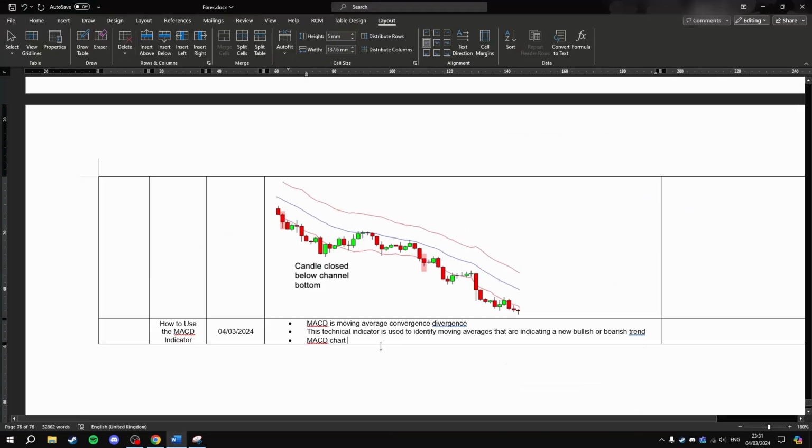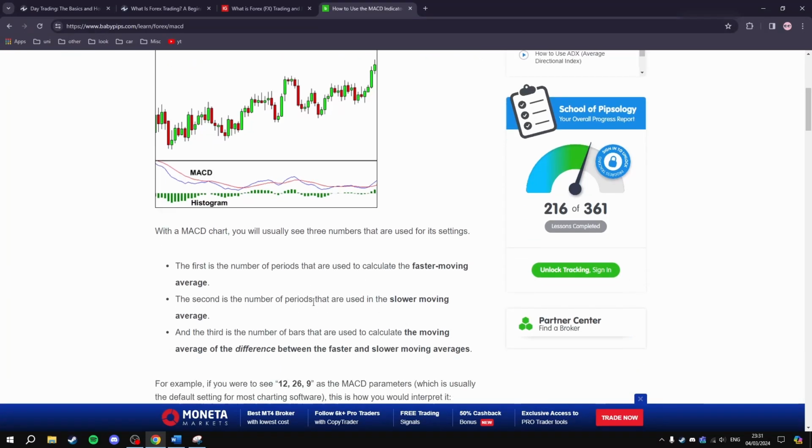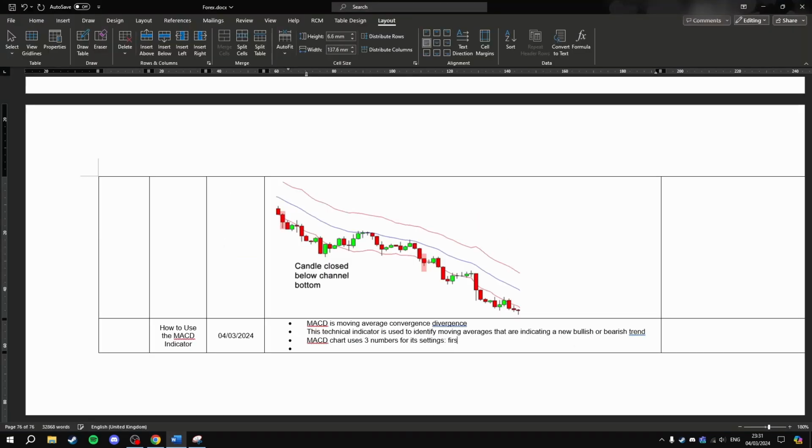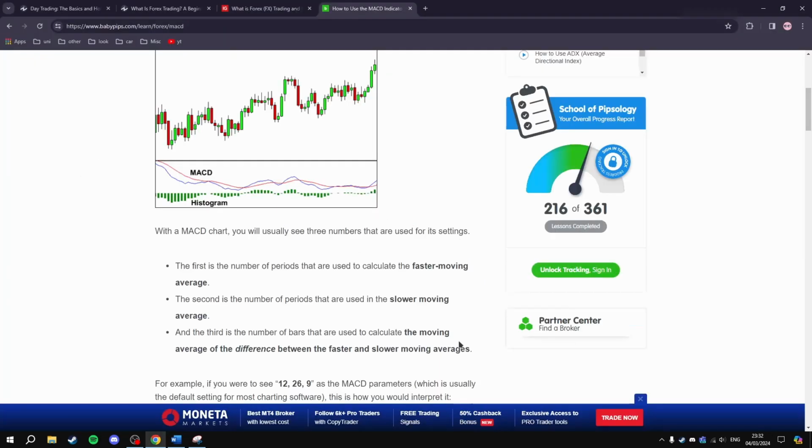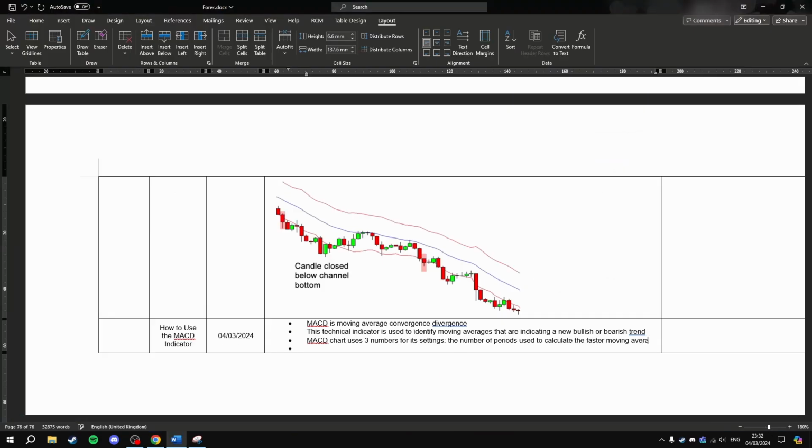The first is the number of periods used to calculate the faster moving average.